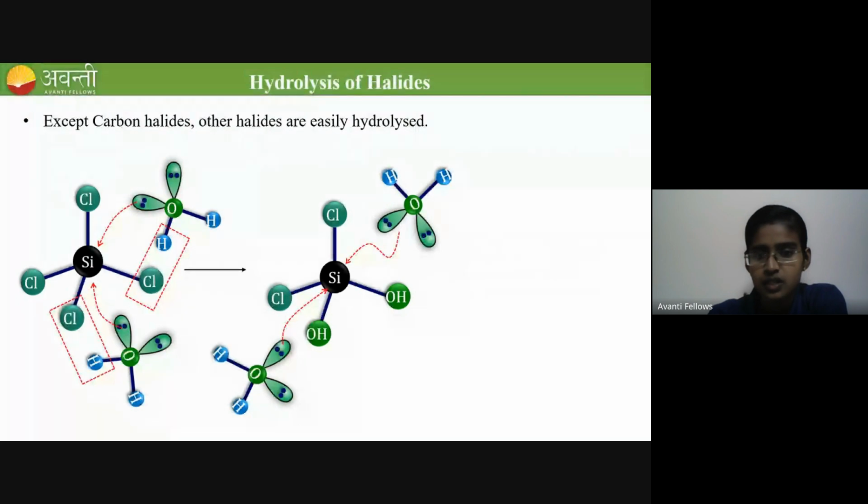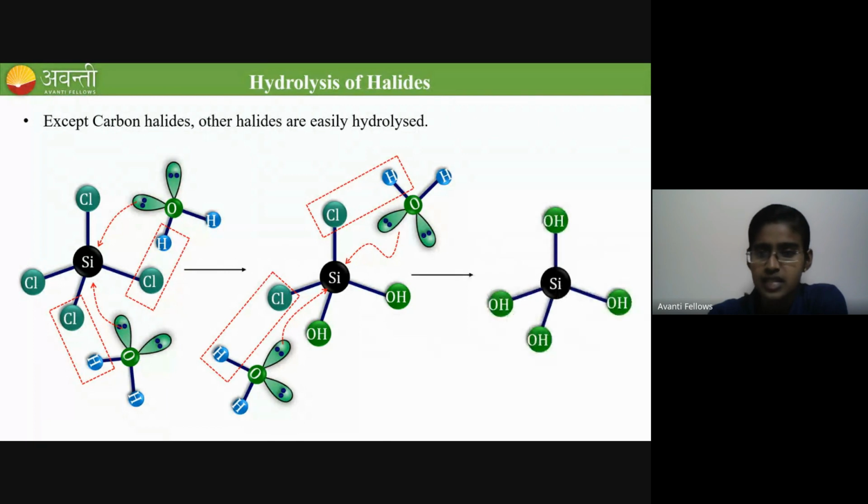So totally 4 HCl go out and all the 4 Cl atoms are replaced by OH groups. So SiCl4 is converted to Si(OH)4, and this compound is called silicic acid. So except carbon halides, all other halides are easily hydrolyzed by water to form hydroxides, and those hydroxides are acidic in nature. So this is about the reaction with halogen.